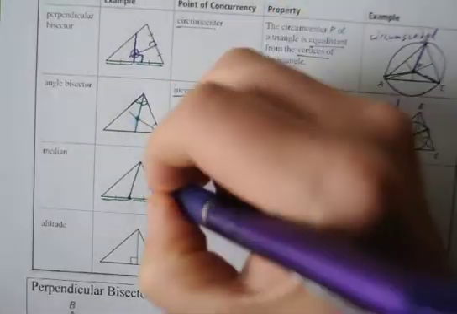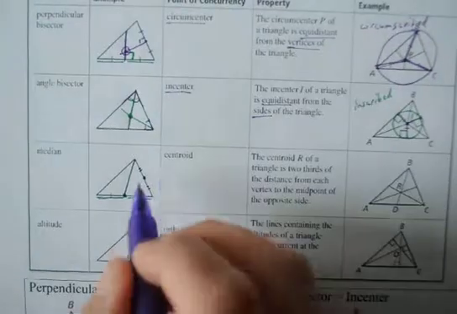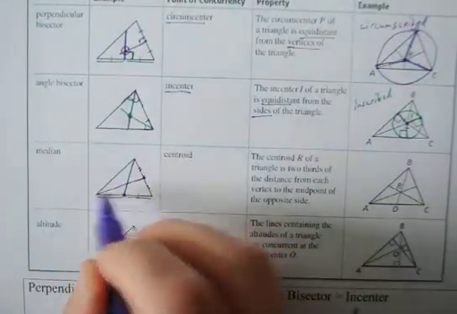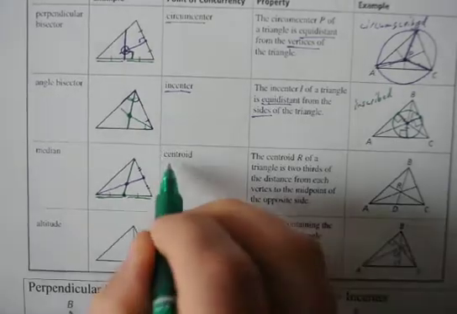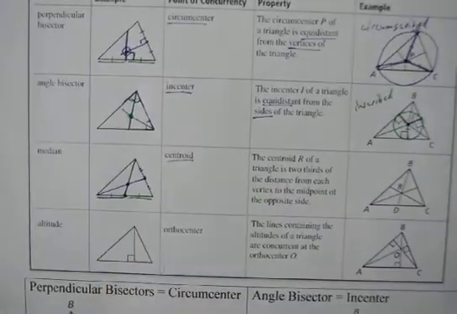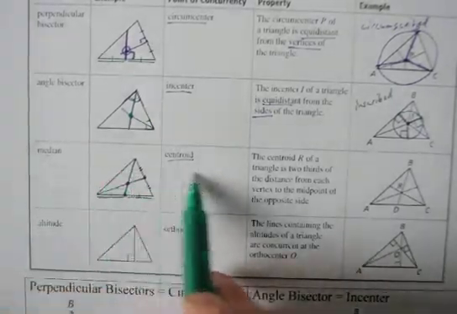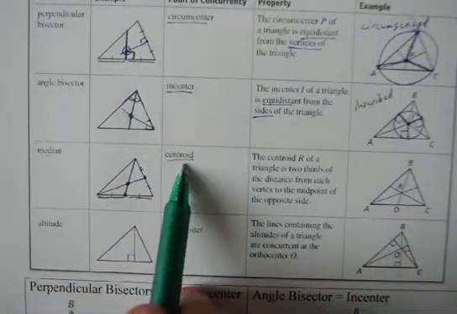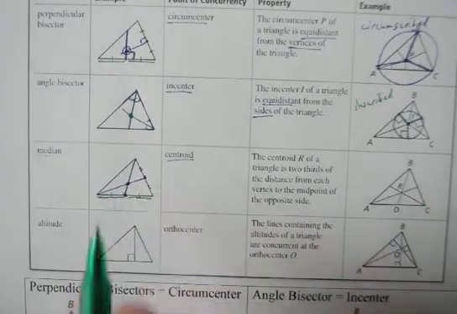And if I made another one of those, so if I went in here and did another midpoint and went straight to the opposite vertex, I get a special point called a centroid. So how do you find a centroid? You make 2 medians. Alright, what's special about the centroid?